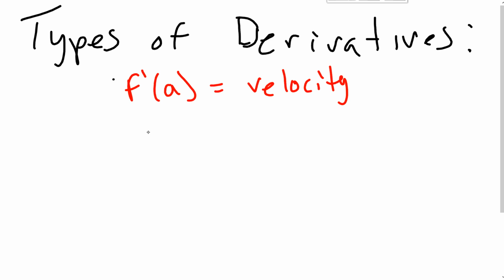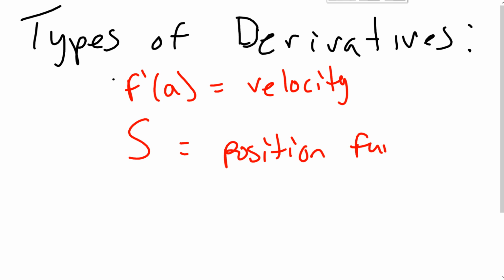So this s stands for the position function. So f of t means at what position, given a certain time, is maybe some type of molecule or something, where its position is.